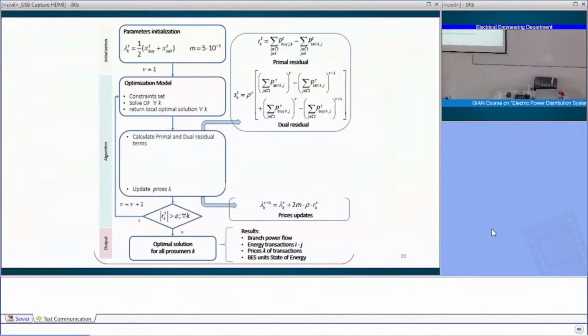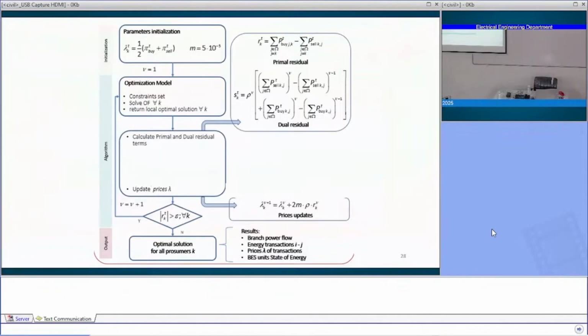This mismatch is this R. So it wants to update the lambda so that R will be reduced in the next optimization. It will increase the price if one user is buying too much. It will decrease the price if the user is buying too little. And for this reason, the selling will also be coordinated.